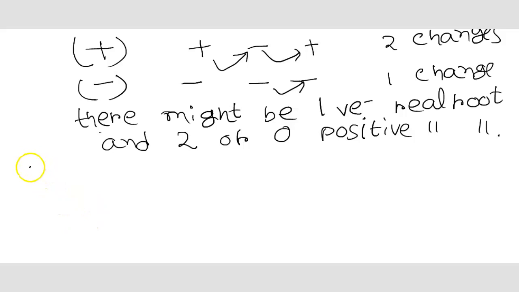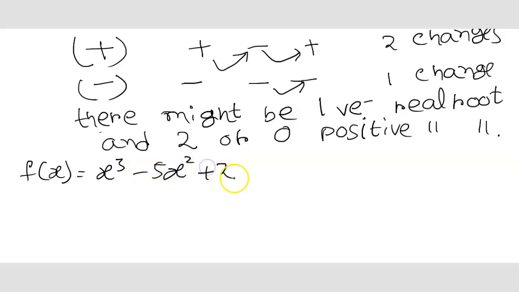And how can we apply that? Look like this. f(x) is our given function, something like x cube minus 5x square plus 2. If we put x equals 0, its value will be 2.